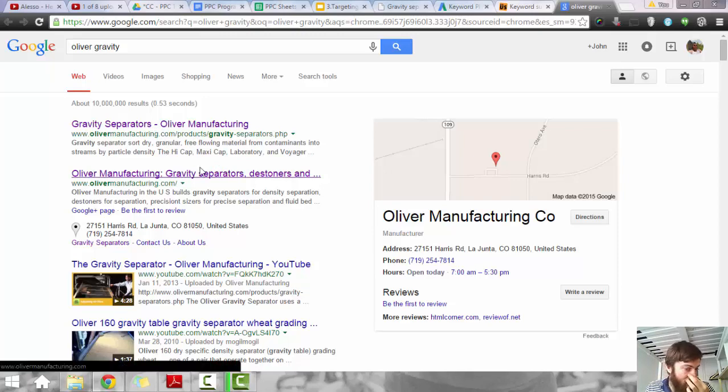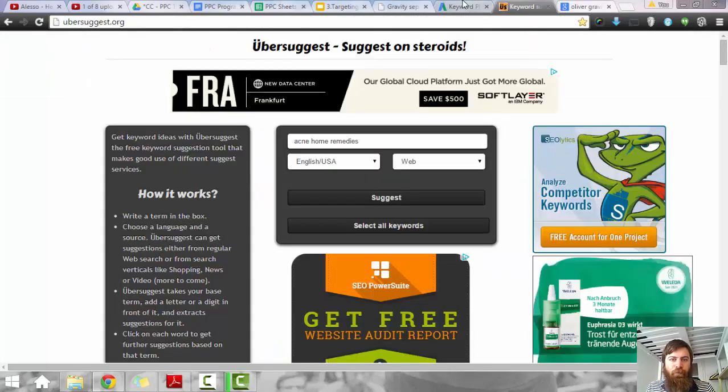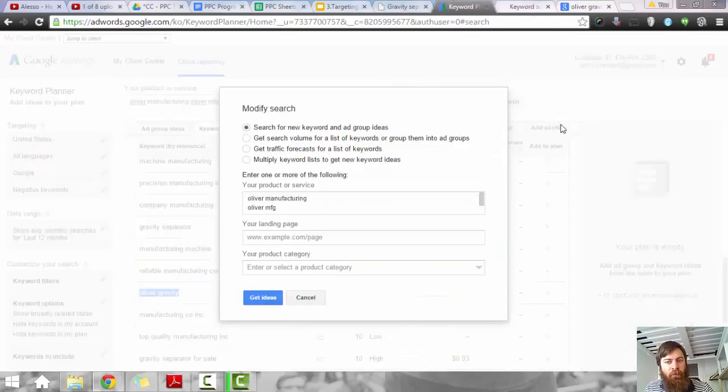So maybe they're well known for their gravity separators. Let's actually type in Oliver Manufacturing in here just to see what Google suggests, because that might tell us what they specialize in.